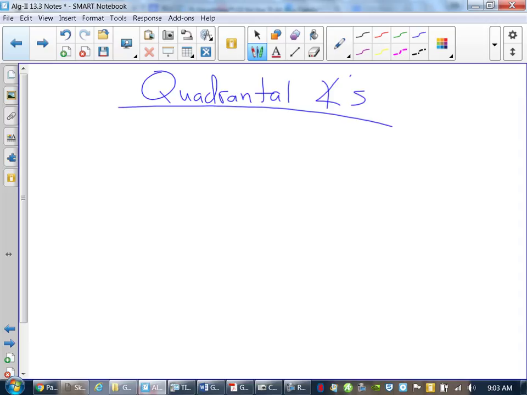Quadrantals. It's the angles on the axes. Your quadrantal angles are the angles on the axis.